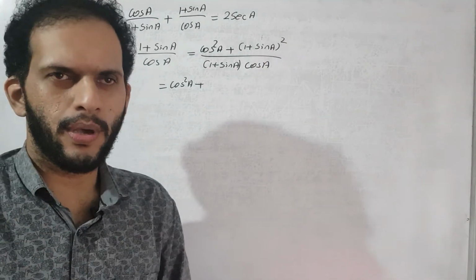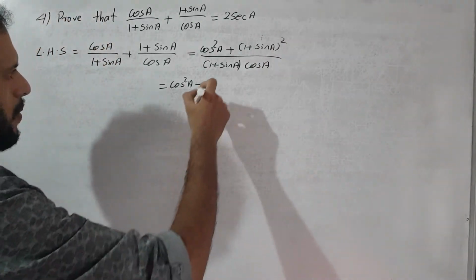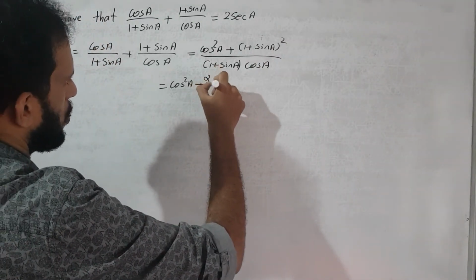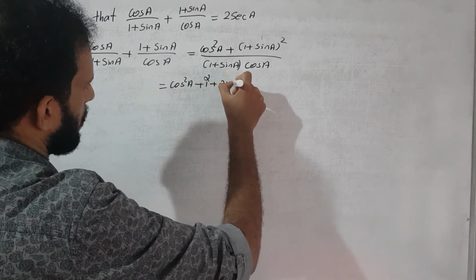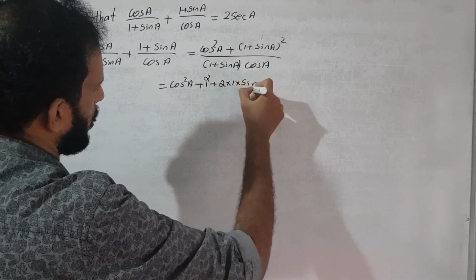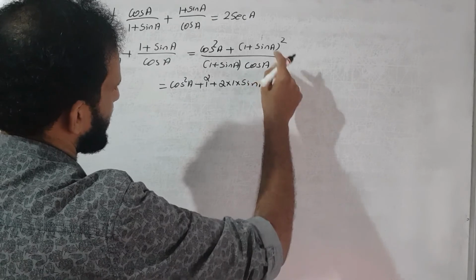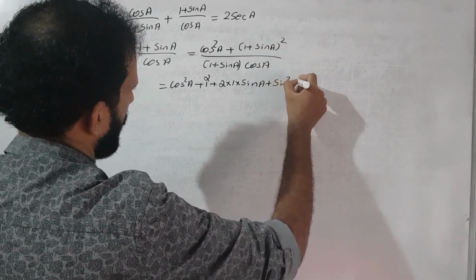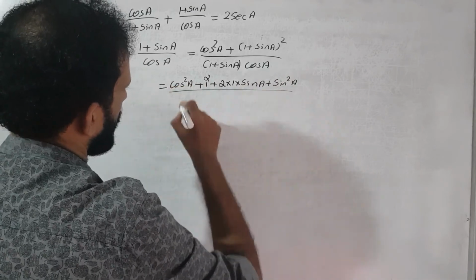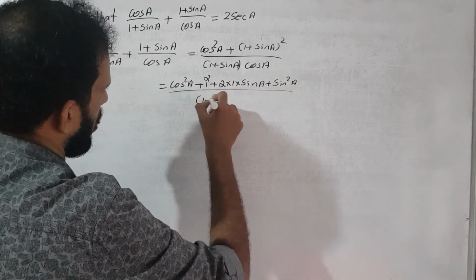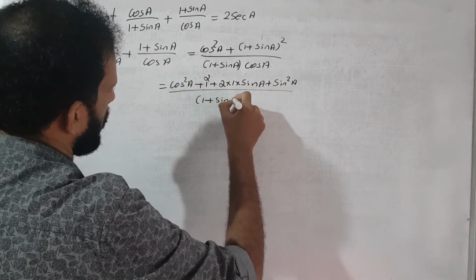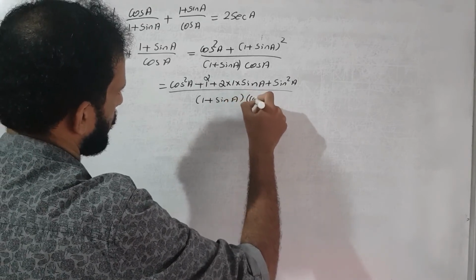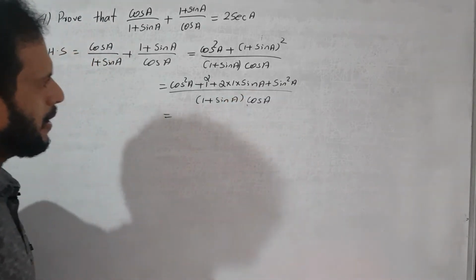What is A plus B whole square? Yes, A square, A square means 1 square, plus 2AB, correct? 2 into 1 into sin A plus sin A whole square, have to write sin square A, by, yes, we do not expand this one, 1 plus sin A into cos A. Okay, then now it is very clear.